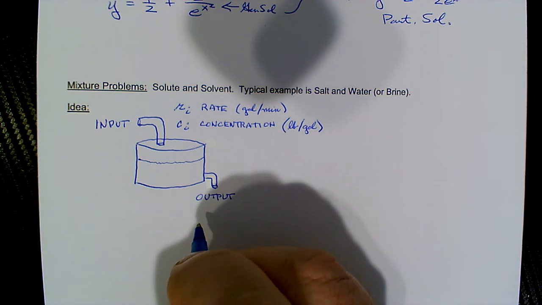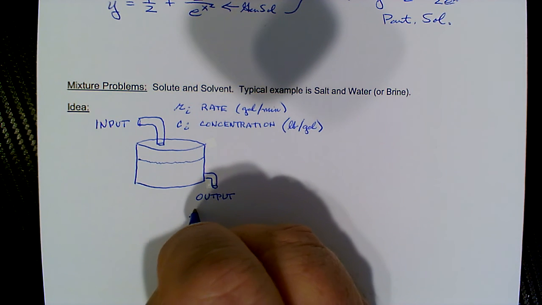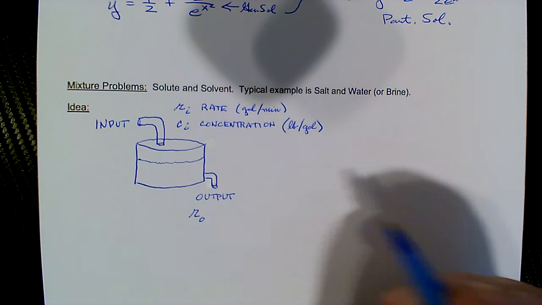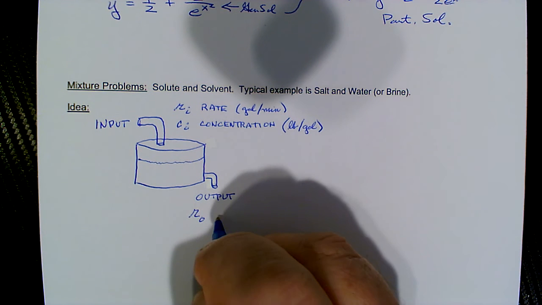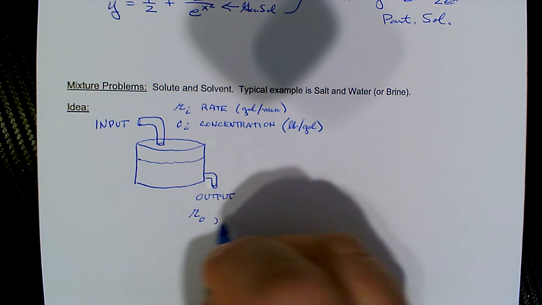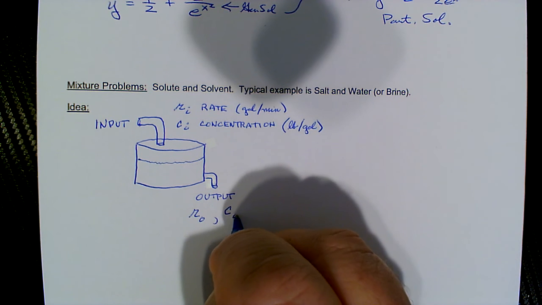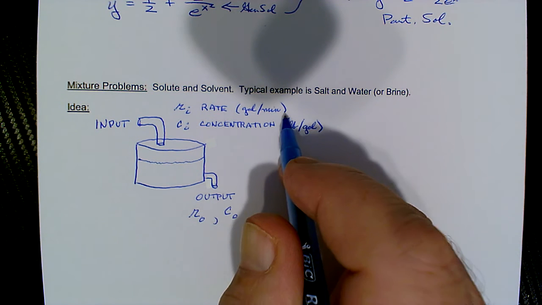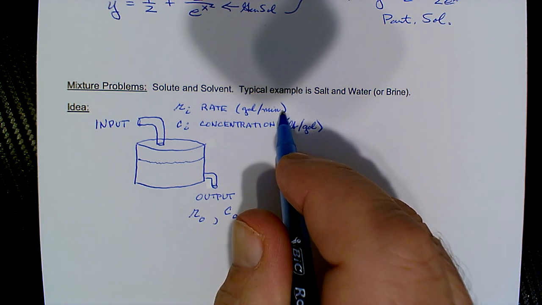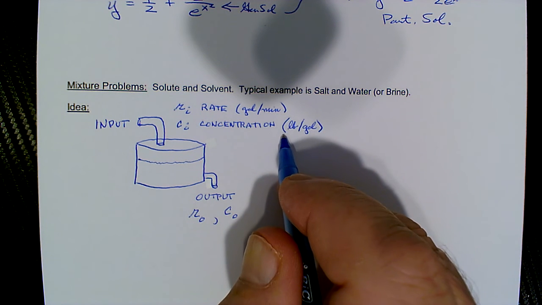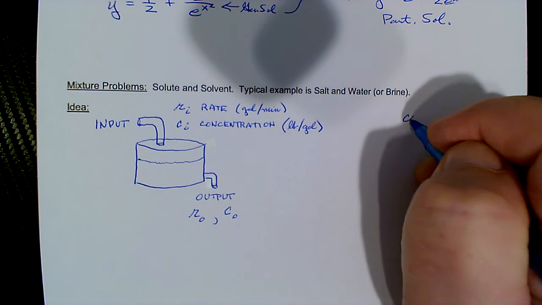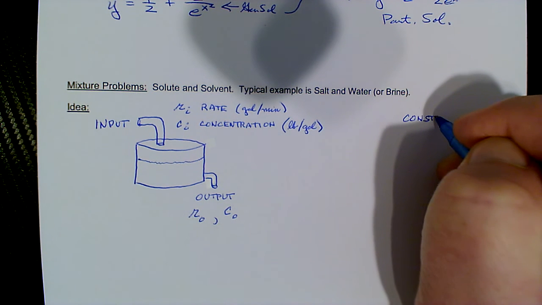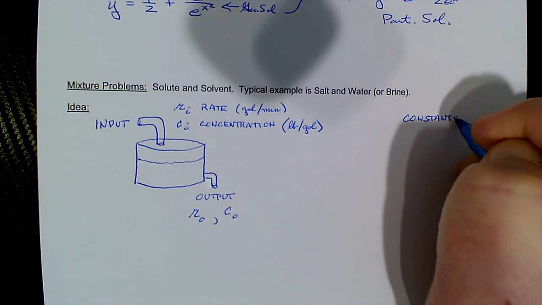Now the output is going to be at a particular rate, and it will have a concentration also. Now notice that the rate in and the concentration in will be constant. So let's mention that.